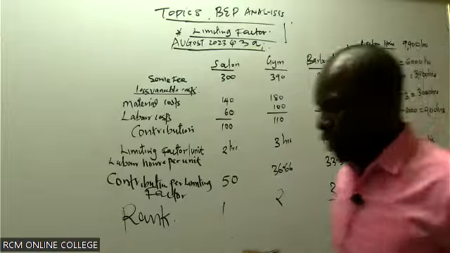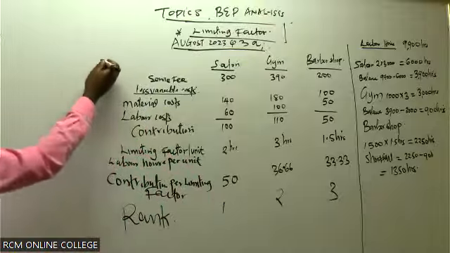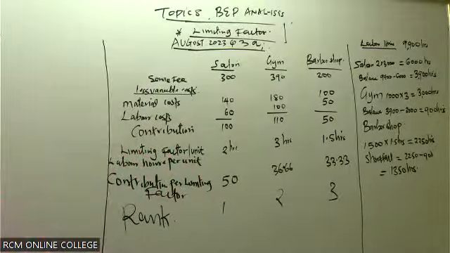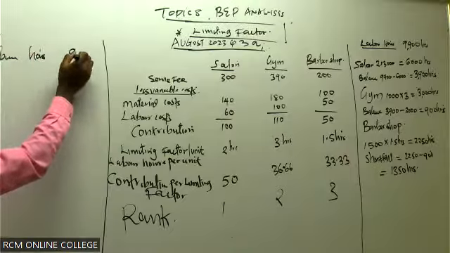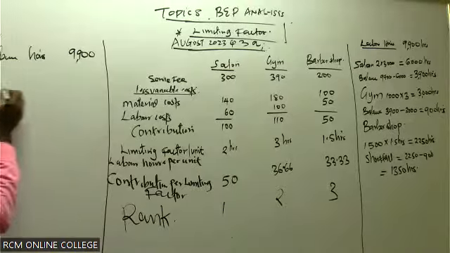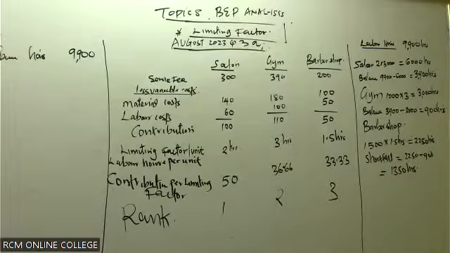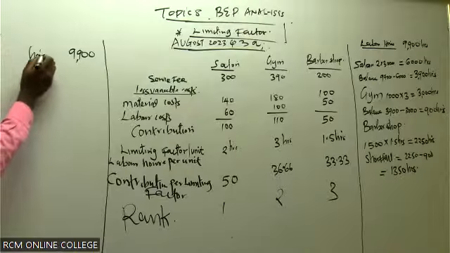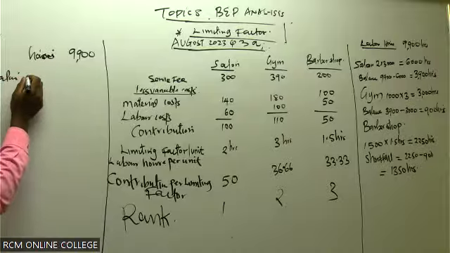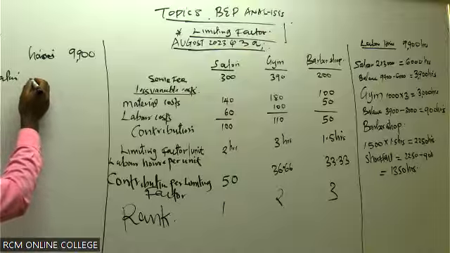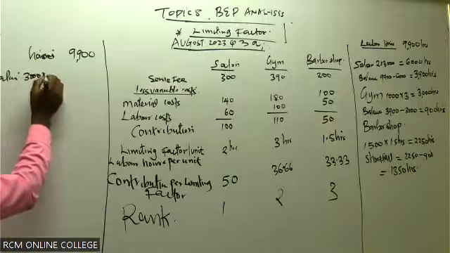Or in other words, you can also do it this way. Maybe if you don't want to go that long procedure, you'll come and give us labor hours of the company are limited to 9,900. Under salon, we have to serve 3,000 clients and each requires 2 hours.